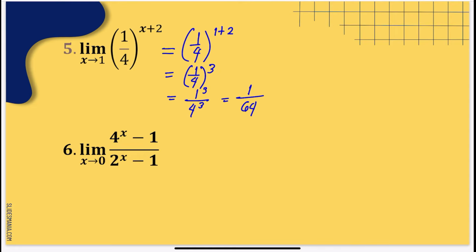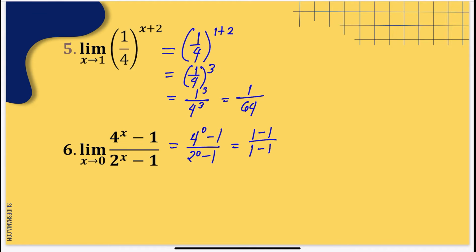Number 6. The limit of 4 raised to x minus 1 over 2 raised to x minus 1 as x approaches 0. By direct substitution, 4 raised to 0 minus 1 over 2 raised to 0 minus 1. 4 raised to 0 is equivalent to 1. 2 raised to 0 is also equivalent to 1. In the law of exponent, a zero exponent is always equivalent to 1.